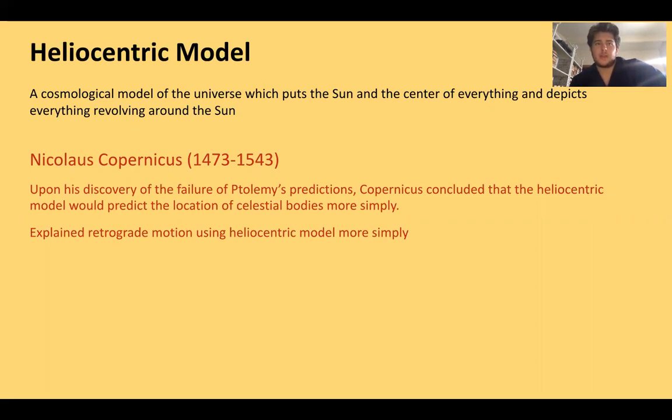Copernicus hypothesized that the universe had a heliocentric orientation, meaning everything in the solar system revolved around the sun. He also hypothesized that the planets were closer, and that the stars were very, very distant and far away.